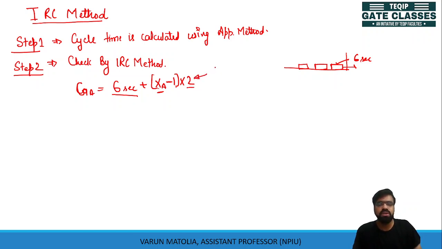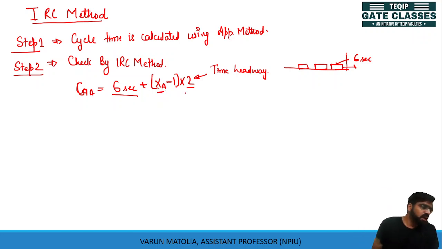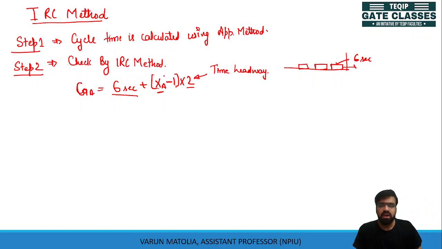This 2 is your time headway while crossing your section. So this is the total duration required for XA vehicles to move out of this section. So this is your green time for section A.